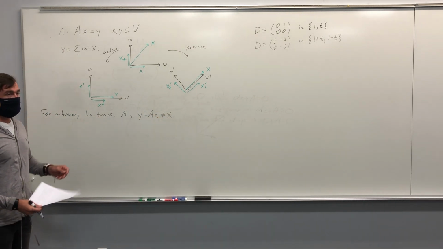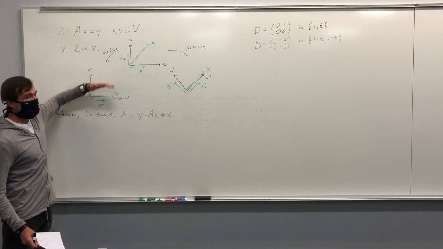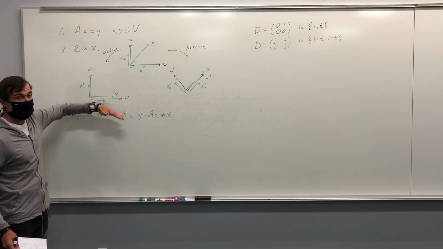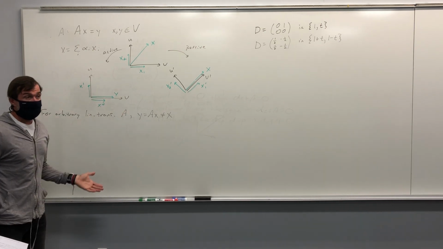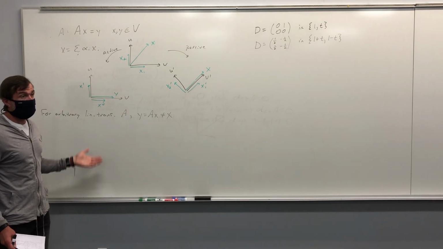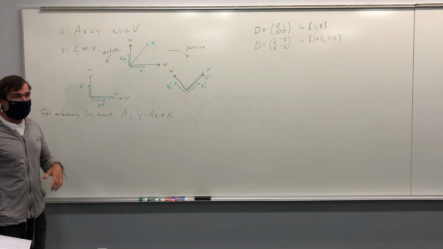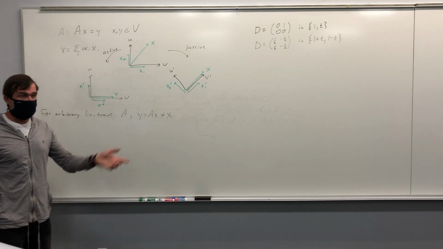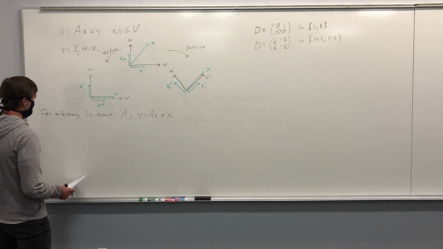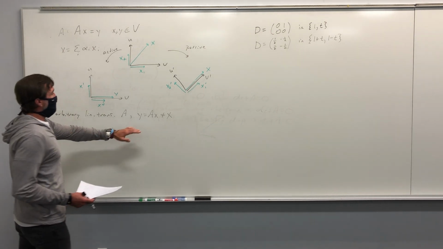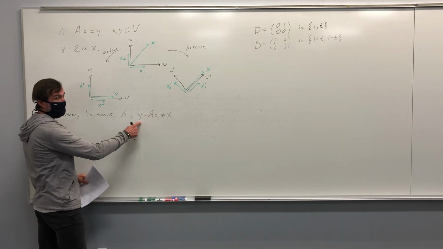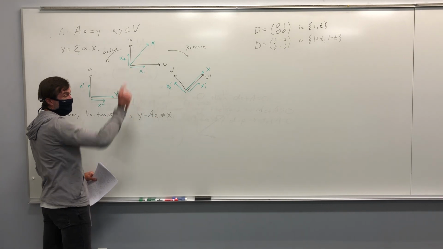That is, most linear transformations take vectors and exchange them with other vectors, or replace them with other vectors. The identity is obviously boring. The identity takes every vector and gives you back the same vector. And there is another special kind of vector which, if you act on it with a linear transformation, gives you back the vector. We'll talk about that in a minute, eigenvectors. But we're not going to talk about it yet. But generally speaking, a transformation A takes one vector and turns it into another vector. These two vectors do live on the same vector space.